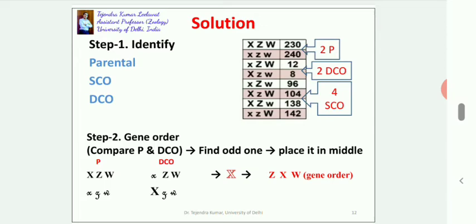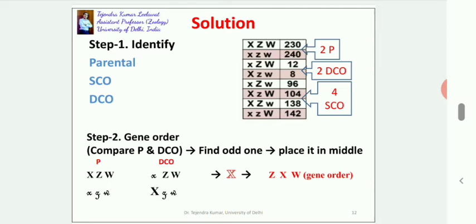On the left side you can see capital X, capital Z, capital W, which are the parental, whereas small x, small z and small w is the other parent. You already know that in genetics there are two alleles for every gene, like capital T, small t, so these are the same sequences.